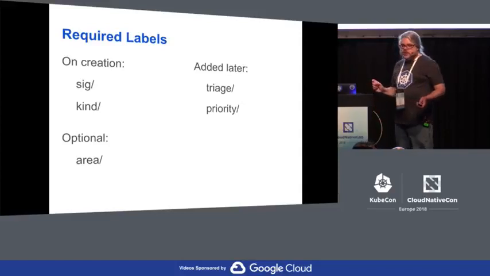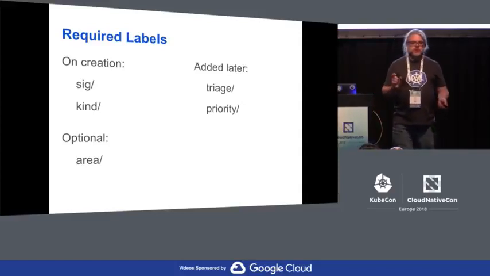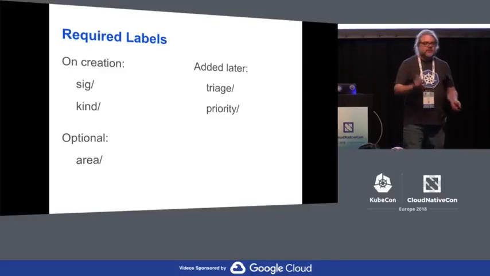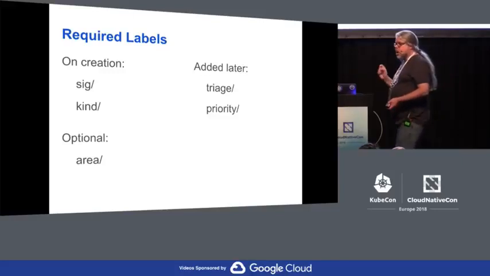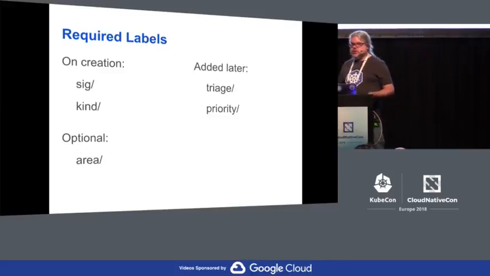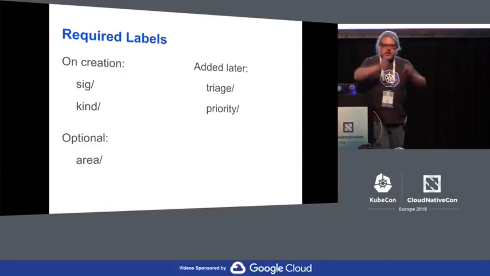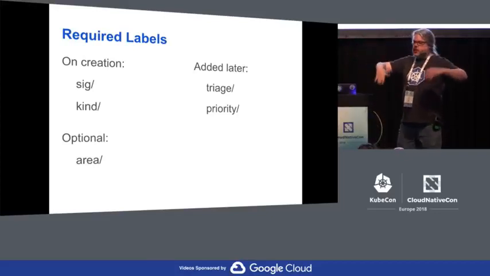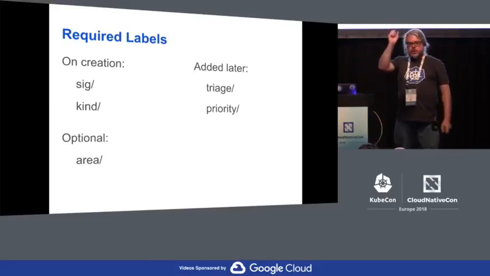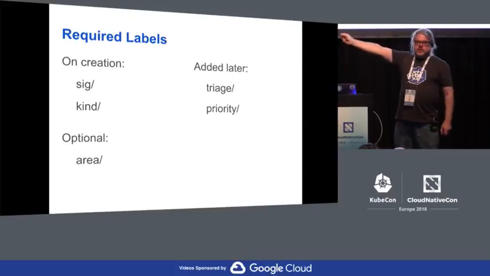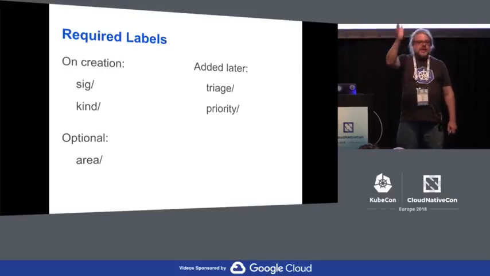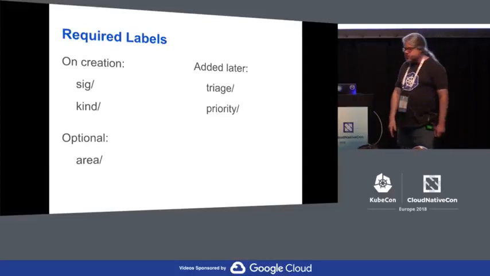Now, I talked about labels, and this is going to become more important once you go into the PR exercise. So we have an elaborate system of adding labels to issues and PRs in order to categorize them. And all of these labels, because the GitHub namespace for labels is flat, we use a prefix with a slash and then something else in order to create an effective taxonomy of labels.